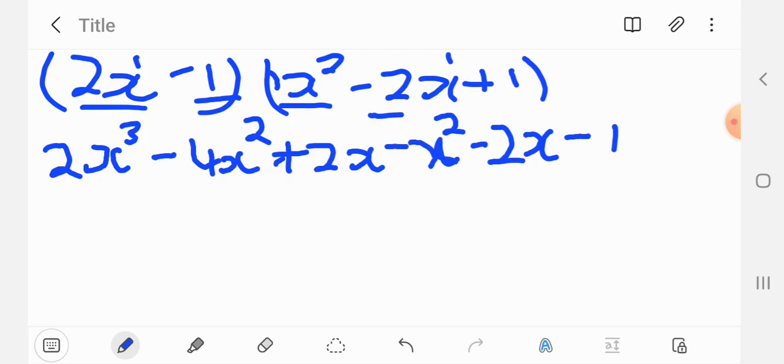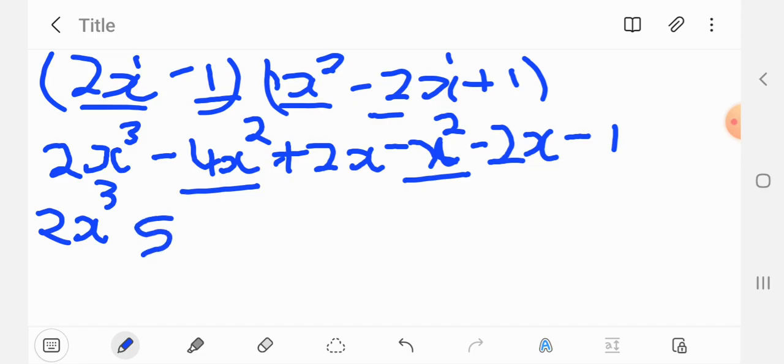So let's group the like terms. So 2x cubed is by itself. Then we have negative 4x squared minus x squared, and that will give us negative 5x squared.